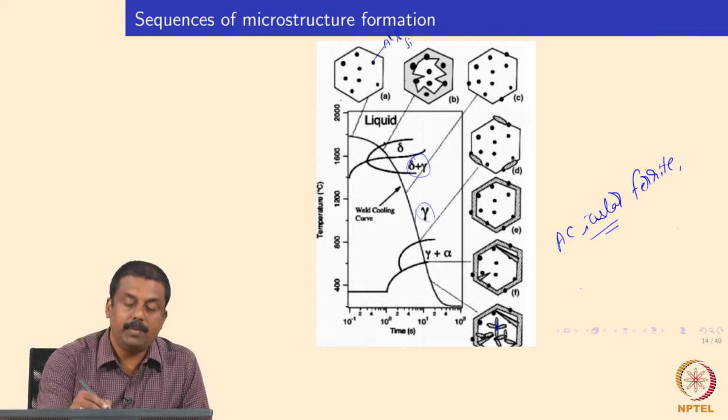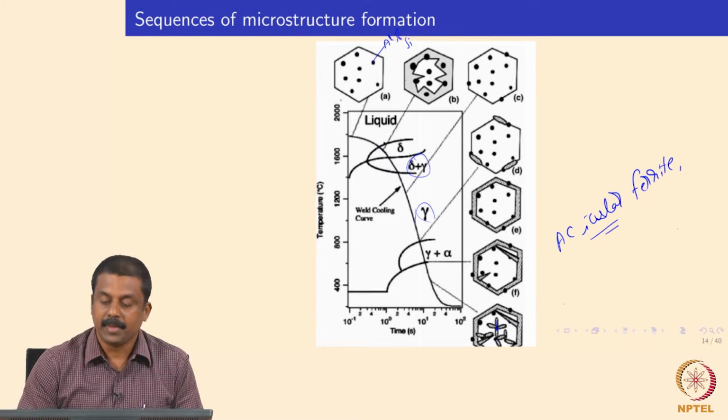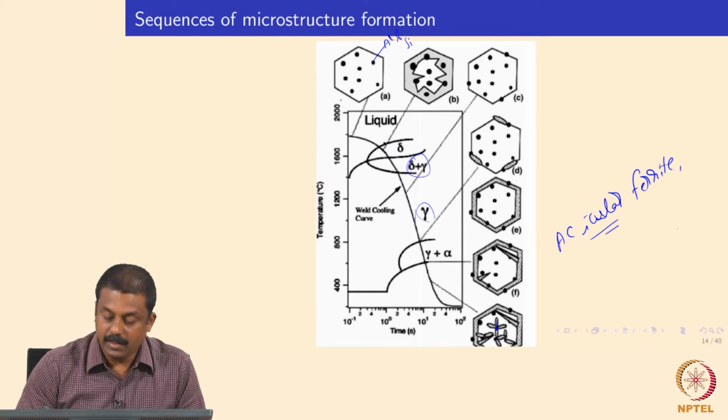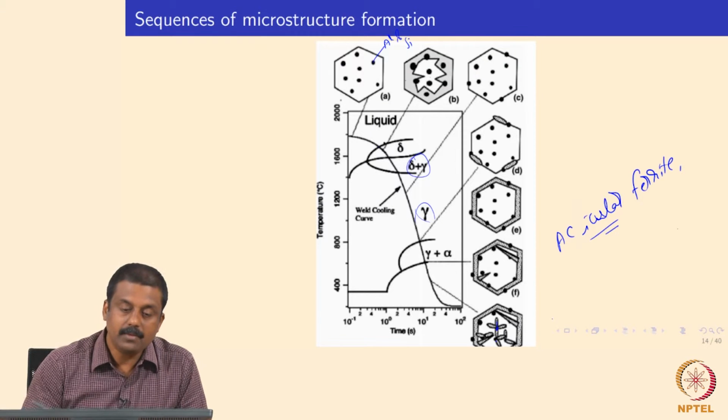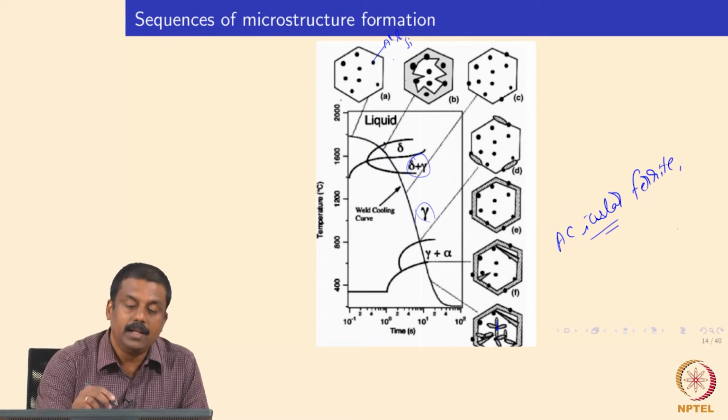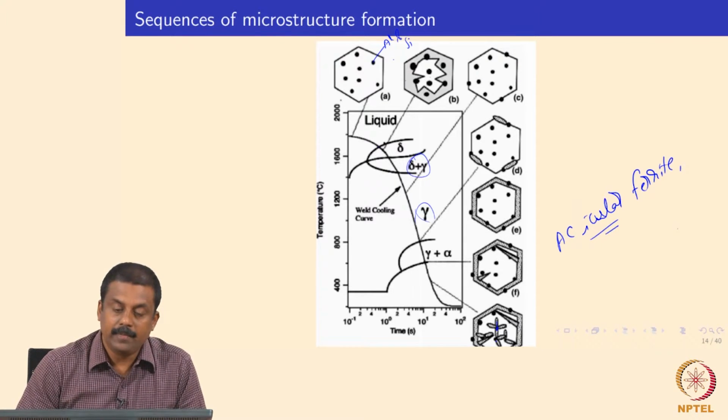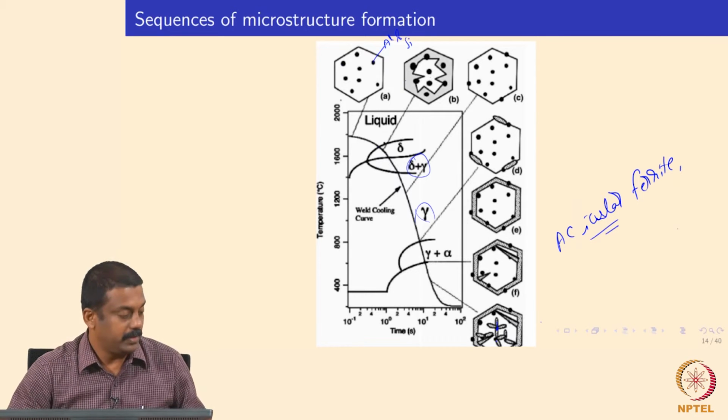So by carefully manipulating the size and volume fraction, we can also change the microstructure formed when the austenite transforms to other low temperature products during cooling. So understanding the nucleation and formation mechanism is very important to control the microstructure on subsequent cooling to room temperature.